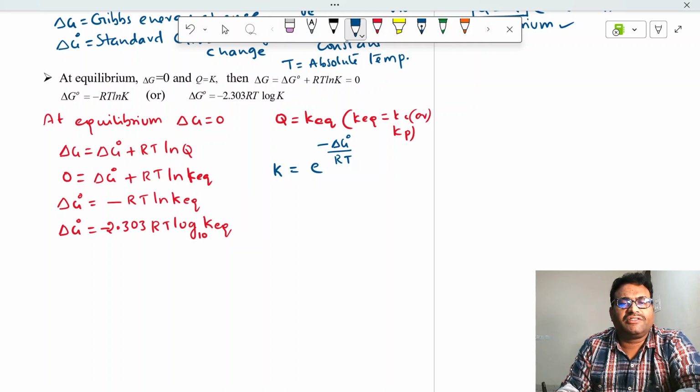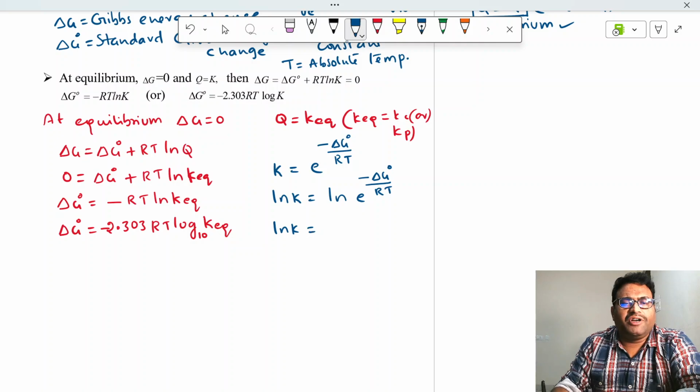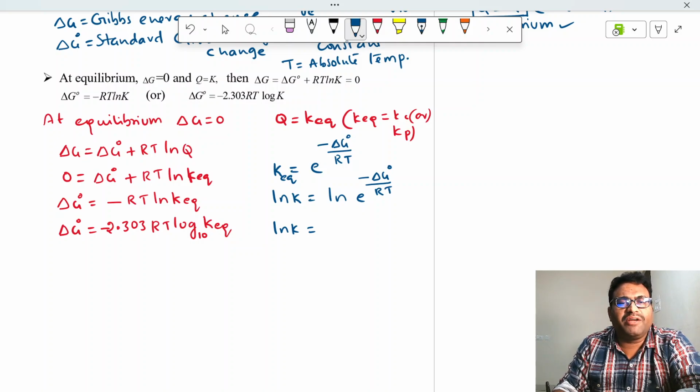Let us see whether we can. For this equation, take natural log on both sides. Log K is equal to log e power minus delta G naught by RT. Here K means K equilibrium, the equilibrium constant. I am not writing all the steps.